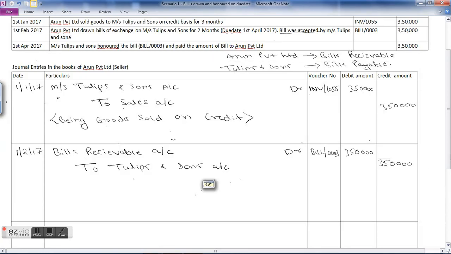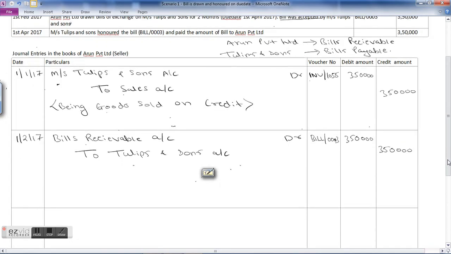If you see, one personal account is created and there is a reduction in the balance of the debtors account. The rule is debit the receiver, credit the giver. In this case, Tulips and Sons is giving the bill, signing the bill, so you credit the giver, Tulips and Sons account. And bills receivable account is an asset, so you debit bills receivable account debit to Tulips and Sons account.